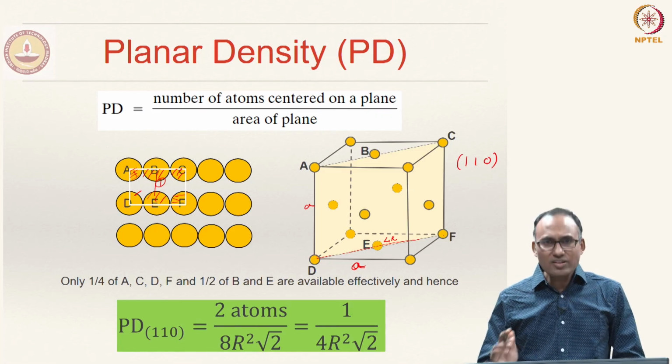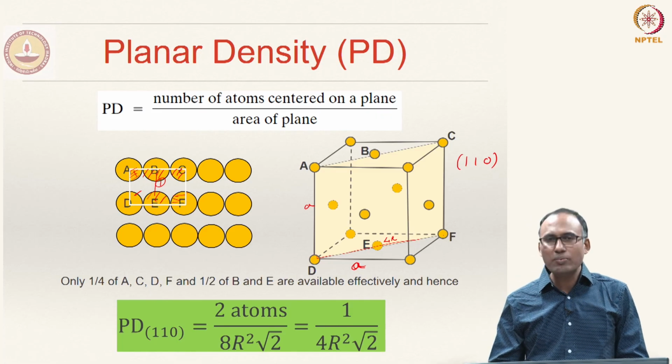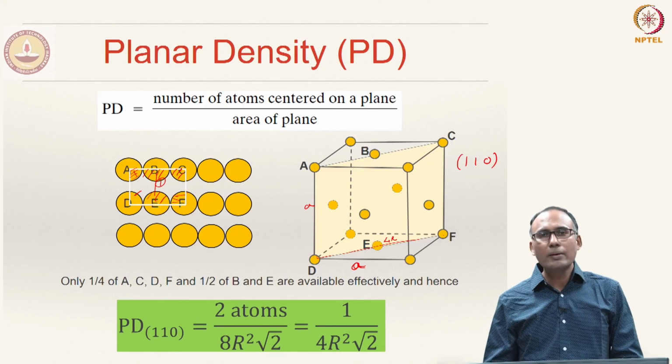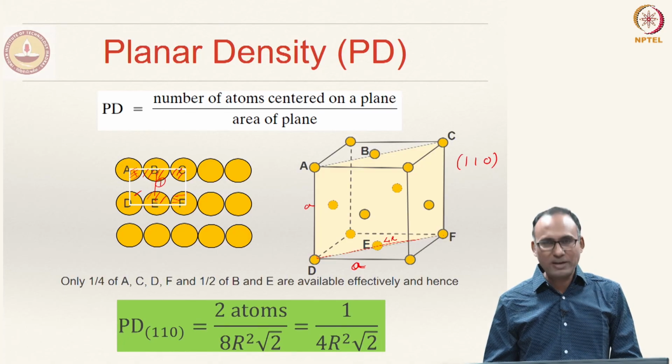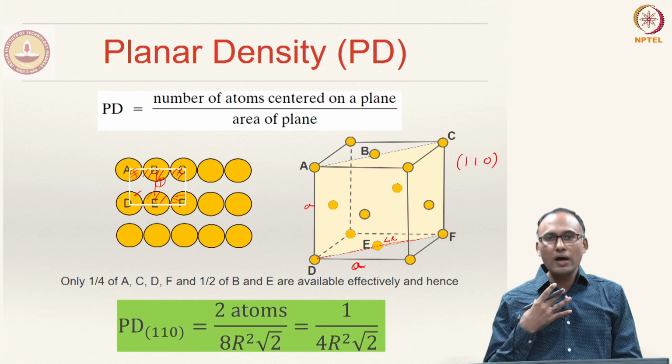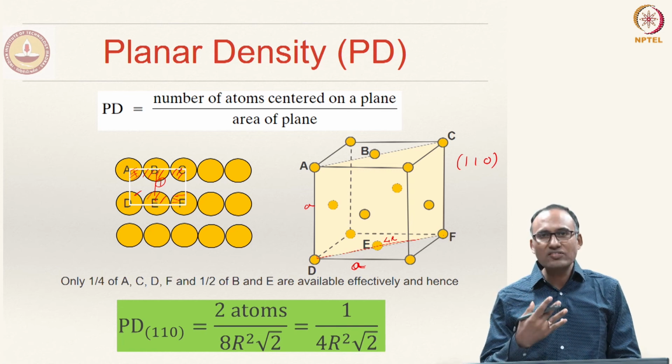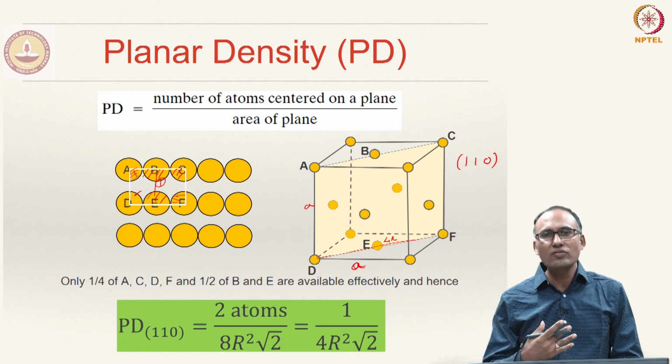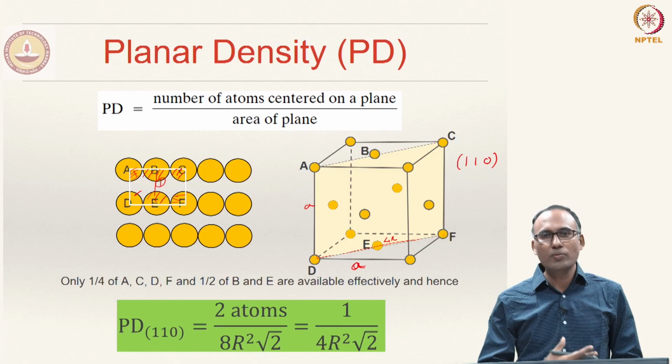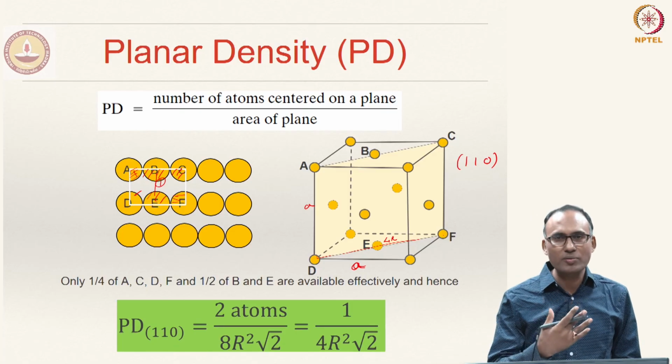The knowledge about linear density and planar density is one of the important aspects to be known, because planar density and linear density are going to give us some information about the deformation mechanism when we are talking about plastic deformation in materials.